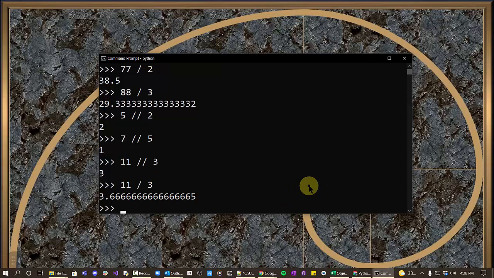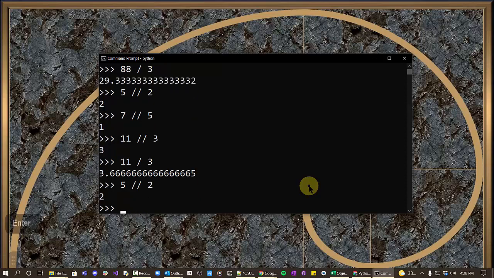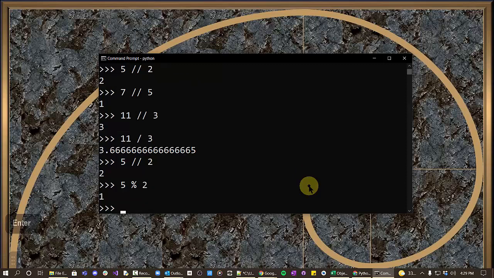Now, let's say that you wanted the remainder. If I were to take 5 divided by 2, I would get 2. The remainder would be 1, because 2 goes into 5 2 times and it has 1 remainder. Well, we can use the modulus operator to get the remainder. So here, 5 modulus 2 results in 1, which is the remainder.